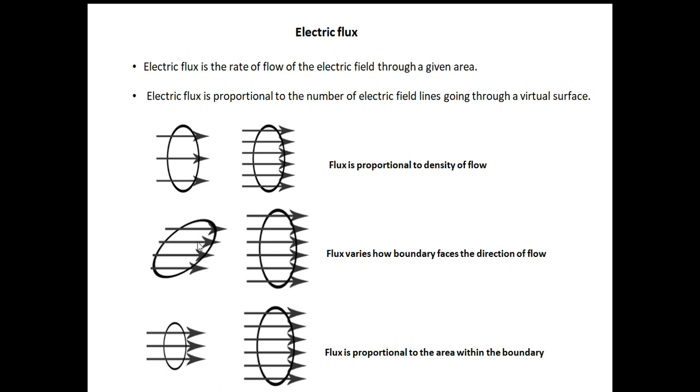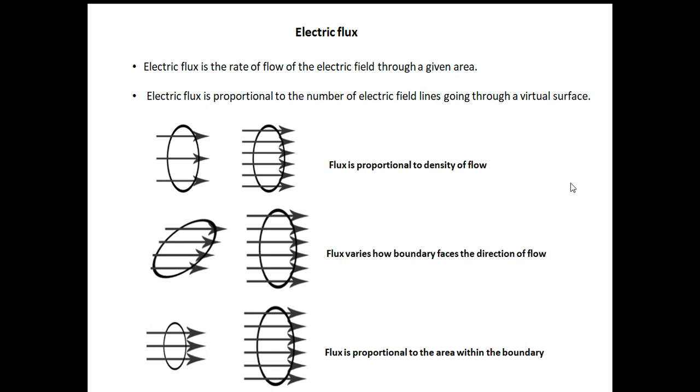Now what I am doing is just tilting this. In the same electric field I am tilting this particular virtual surface, then the field lines passing through are changing, so flux will be changing. So flux varies with how the boundary faces the direction of flow. Imagine a water flow, and if water is flowing like this and you have something here, that is what is called flux.